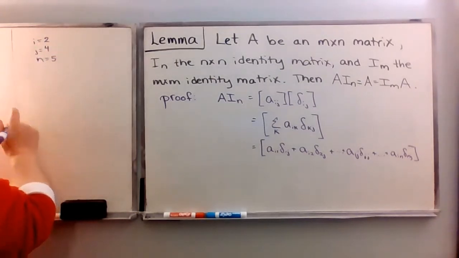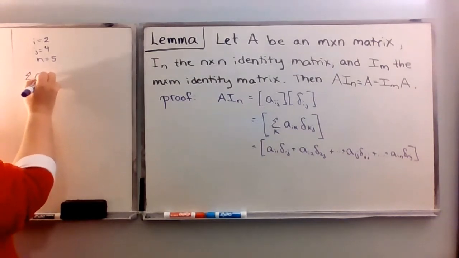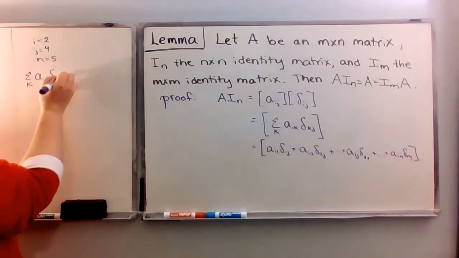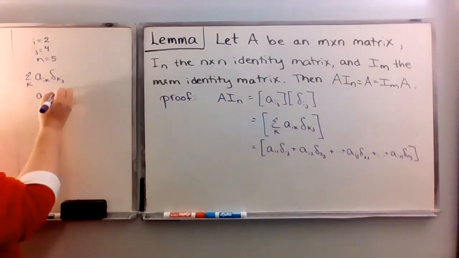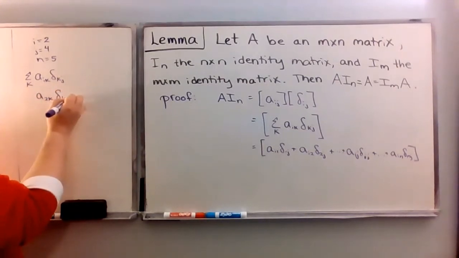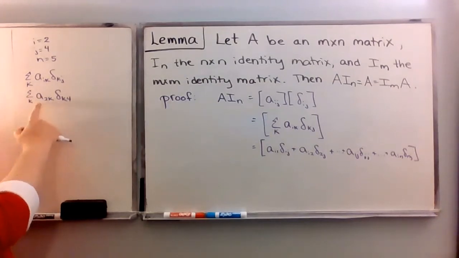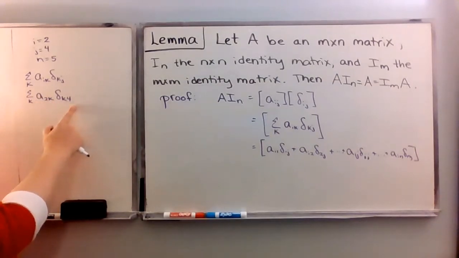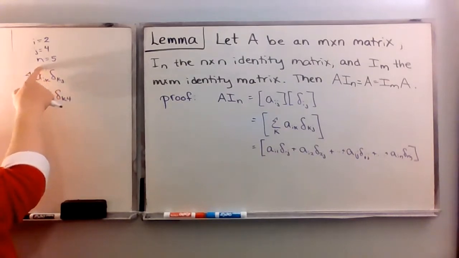So if I have the sum over k of Aik delta kj, I'll rewrite it with the k and the j in place. So we have A2k and delta k4, and we go from k equals 1 up until 5 here.